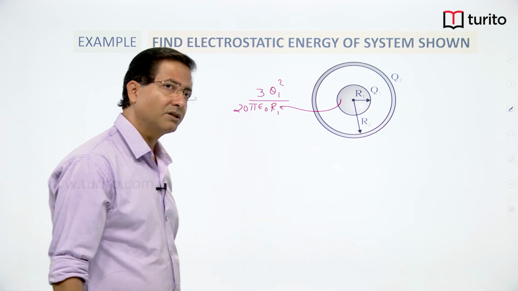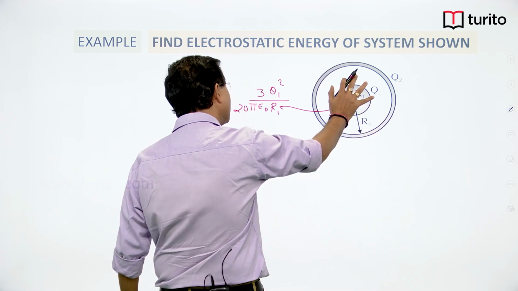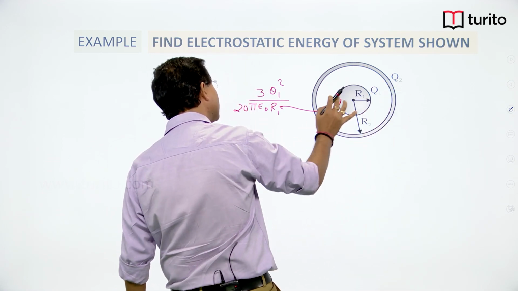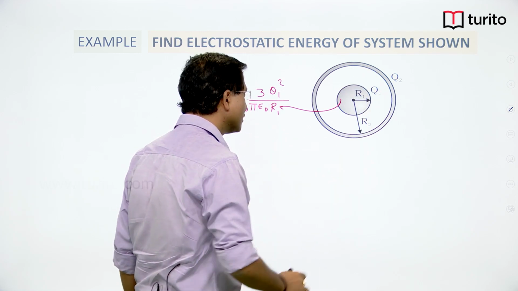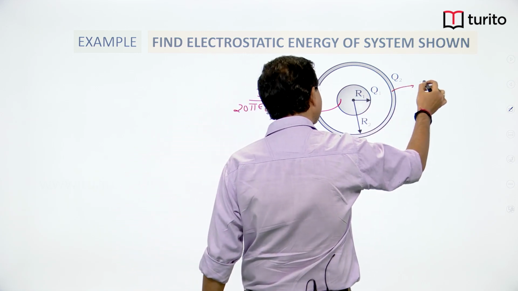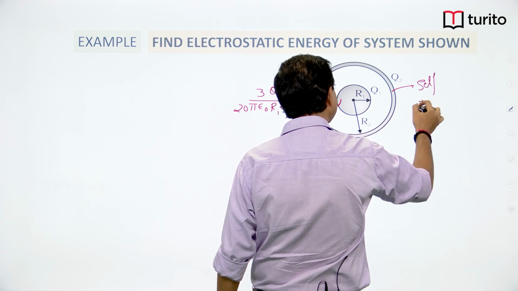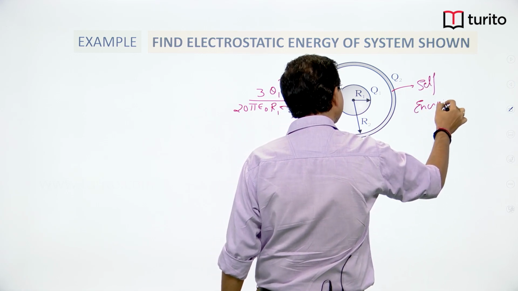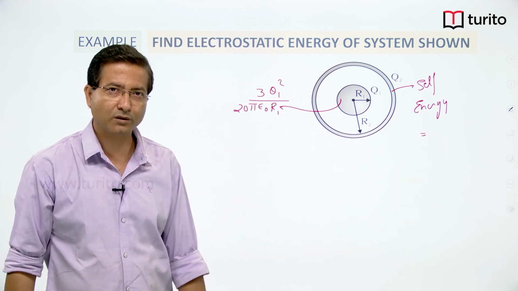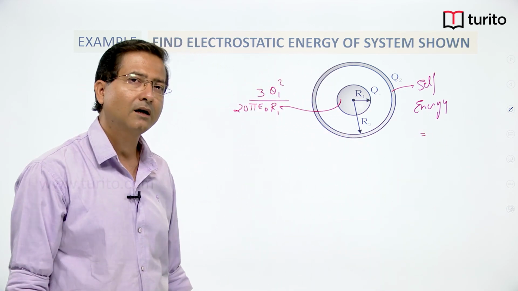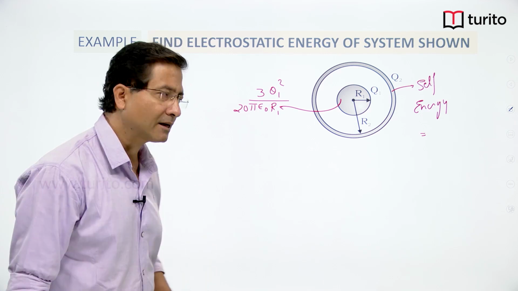Now, visualize the situation that the inner one is not present and only the outer one is there, right. So, the self energy of this one, as this is a hollow sphere, for a hollow sphere we got the formula q square upon 8 pi epsilon naught r.